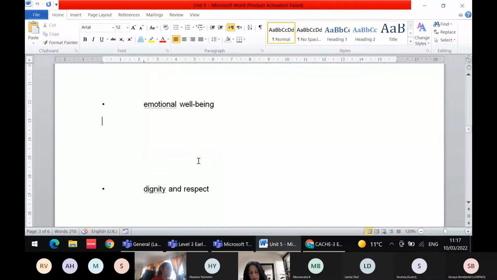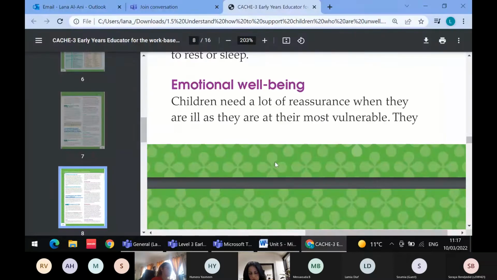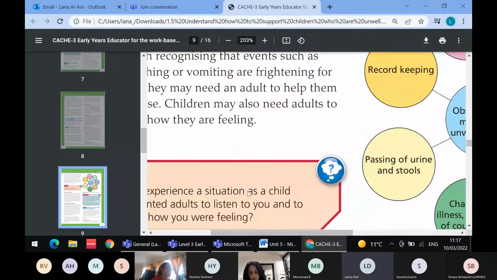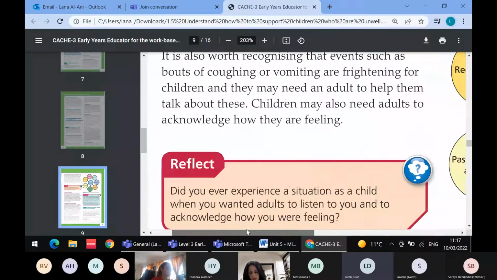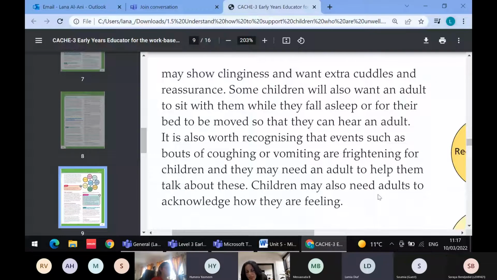Emotional well-being. So if I go to emotional well-being, if they are ill, what do they feel? They feel vulnerable. Don't you think so? The child will be very clingy, wants some attention, wants extra cuddles, extra reassurance.